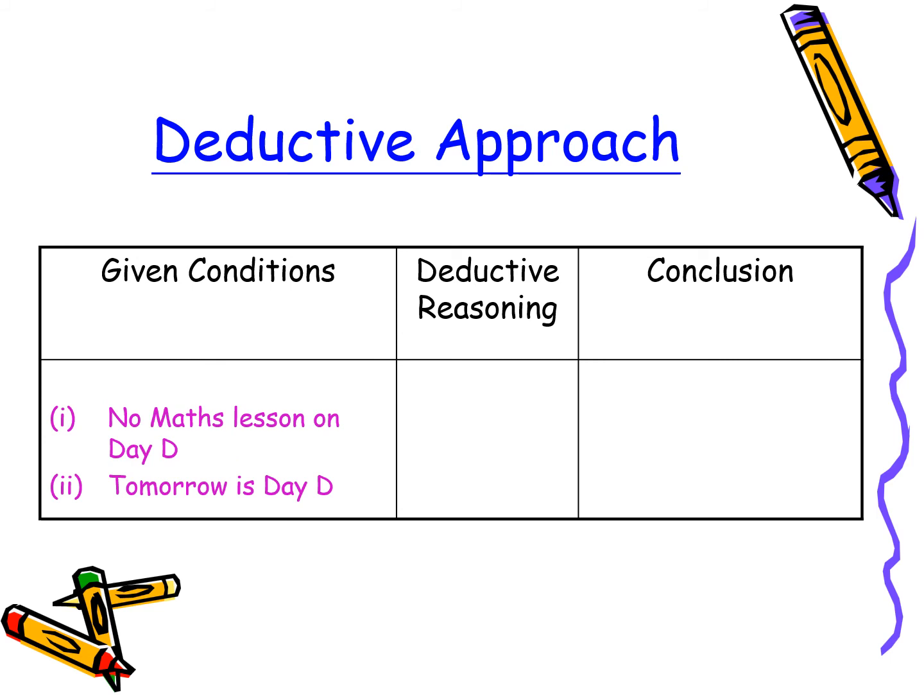Another example, you are given the conditions, no math lesson on day D, and tomorrow is day D. By deductive reasoning, what conclusion can you draw? You can say there will be no math lesson tomorrow.